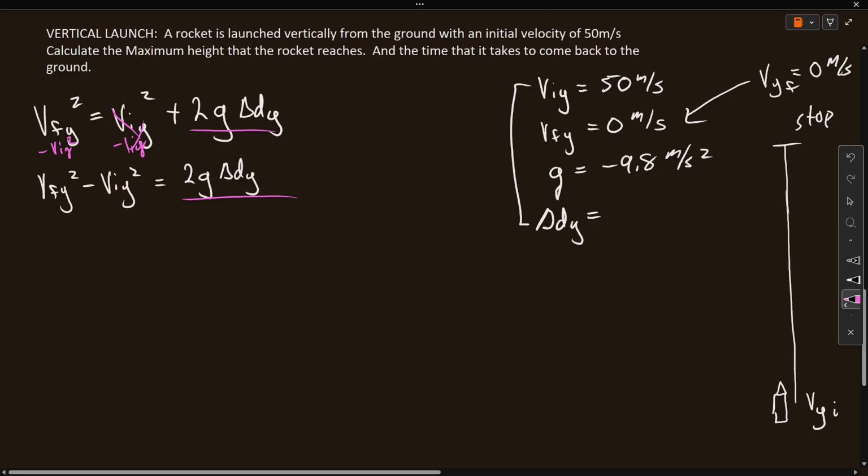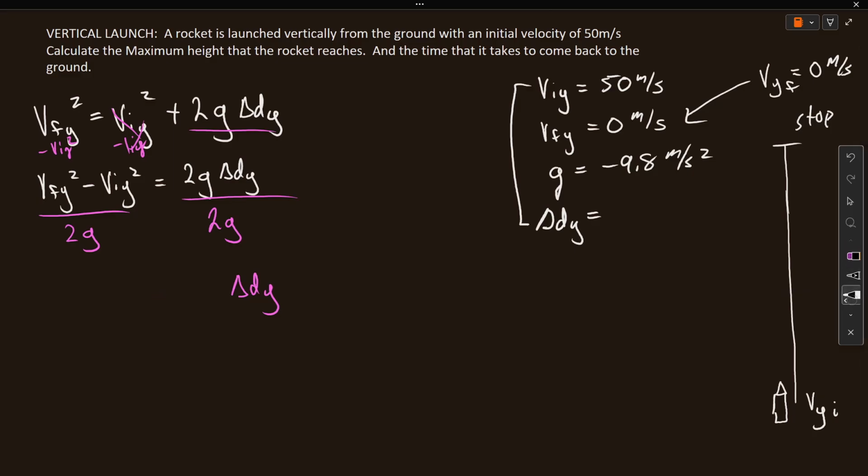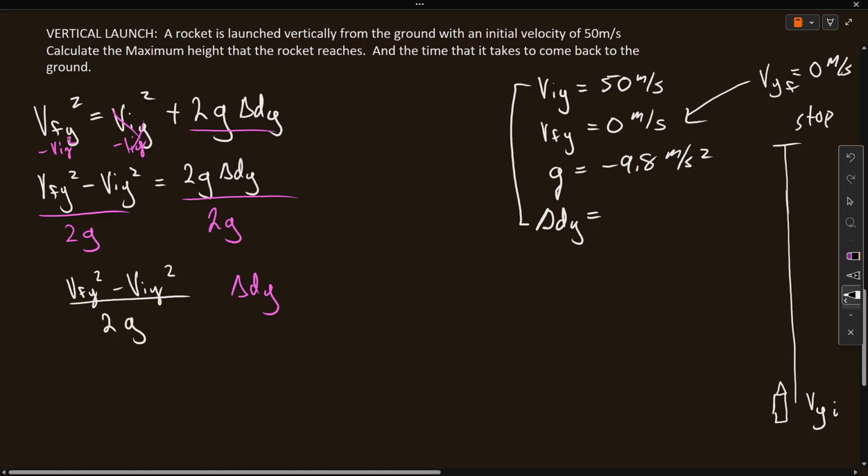Now, because I'm attempting to isolate the delta dy, I'm going to divide by a 2g on both sides. And so the delta dy actually is, excuse me, VFY squared minus VIY squared over 2g. Okay?